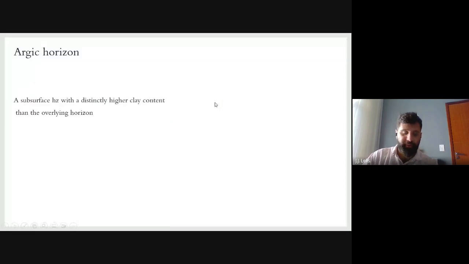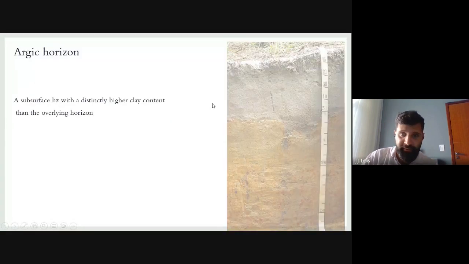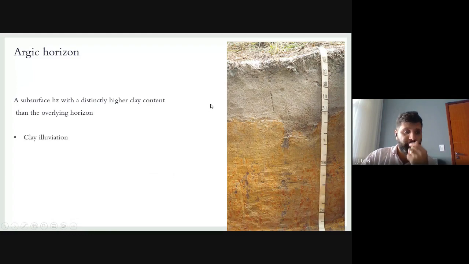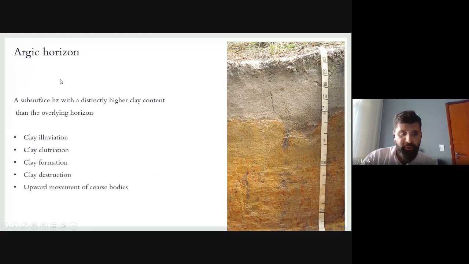So, in the last class, we finished discussing the argic horizon. The argic horizon is a horizon that presents a higher content of clay in comparison with the surface or overlying horizon.